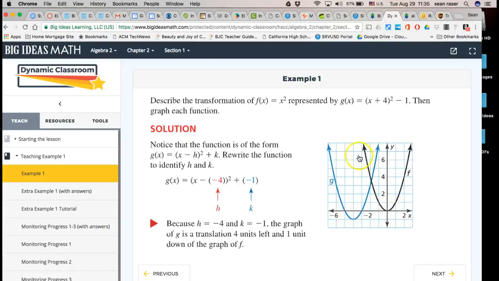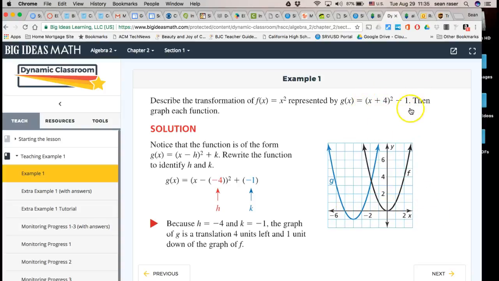And here you can see our parent function, which is black, that's x squared, and our new function, g of x equals x plus 4 squared minus 1. It's the same curve, but it's just shifted 4 units to the left and 1 down. So again, remember, just like with our linear functions, if you're adding or subtracting to the input, that's a horizontal translation.